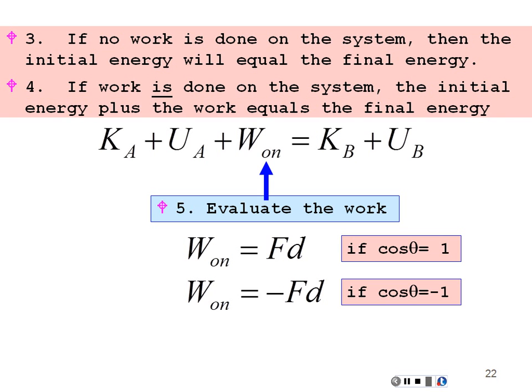It's simply going to be negative force times distance. So maybe 90% of the problems will be pulling force times distance or against the motion, negative force times distance. And then the other 10% might actually have an angle involved. But work is work. It's force times distance, cosine of the angle between the two vectors.